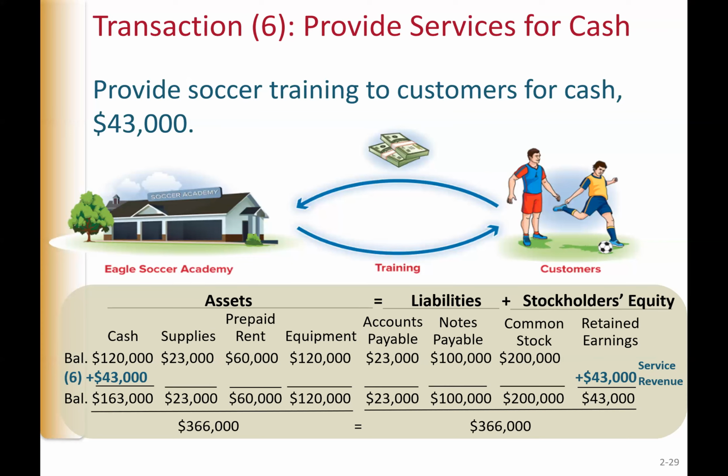Revenue is part of the income statement. Revenues increase our retained earnings. So we will show any revenues as part of retained earnings. After this transaction, though, do we see that our assets still equal our liabilities plus our stockholders' equity? Is that making sense, guys? It should.